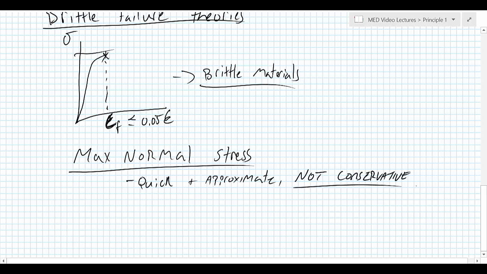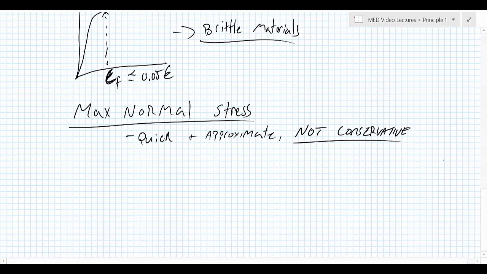So the two steps here, basically: first, we're going to find the principal stress, and two, we're going to compare that principal stress to the ultimate strength.